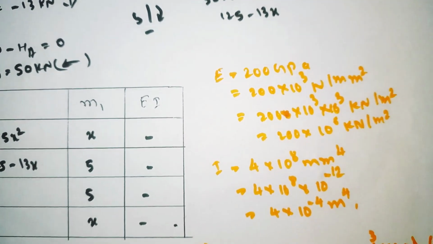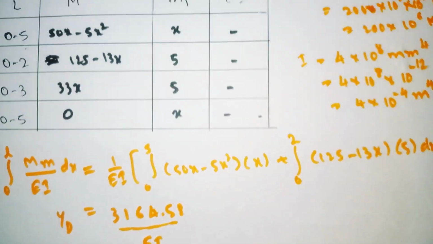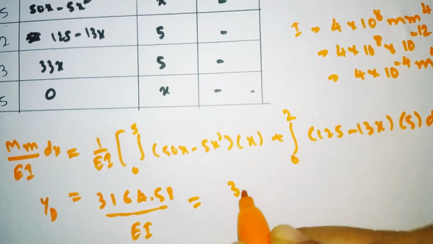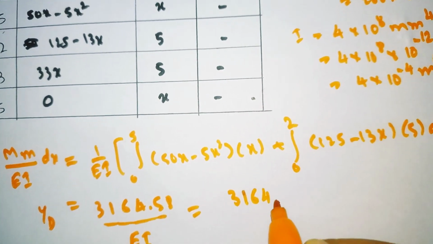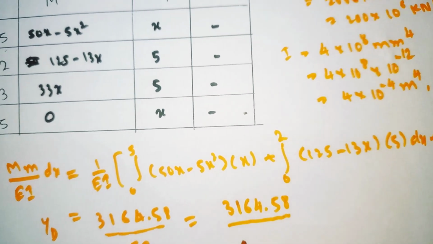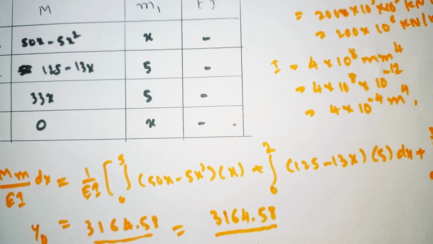Now we need to substitute these two values here. 3164.58 divided by the E value 200 and the I value 4.